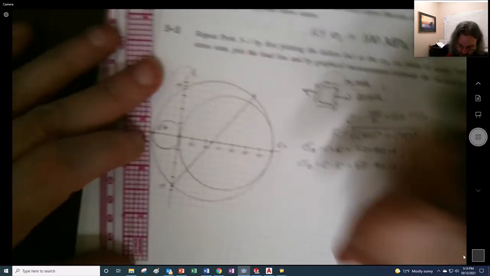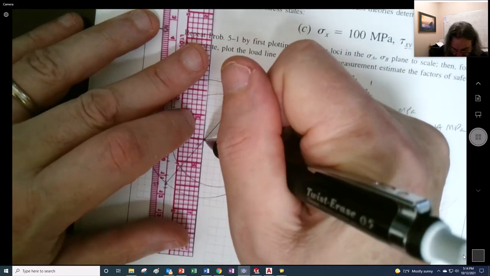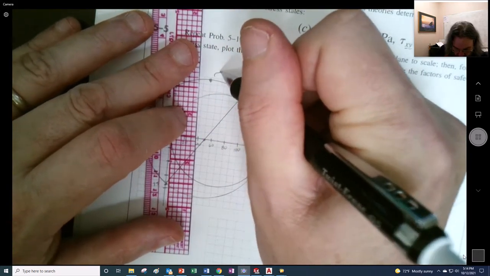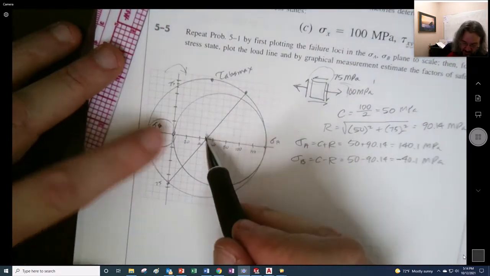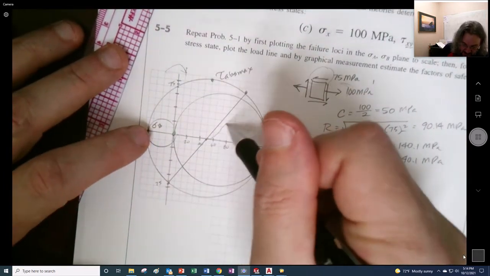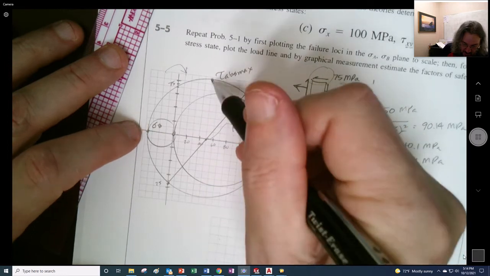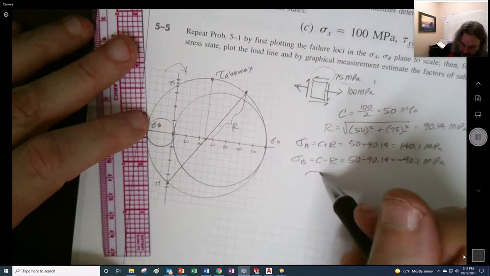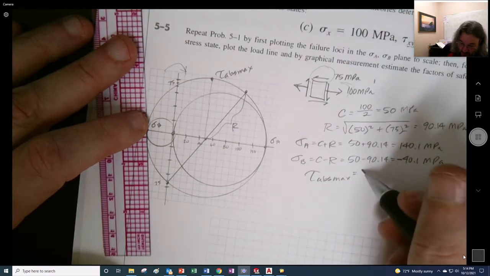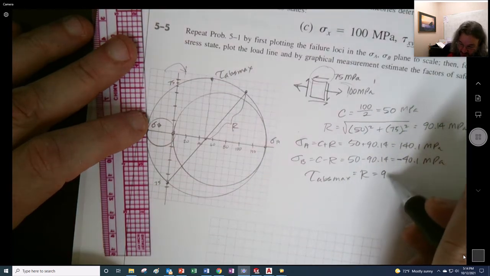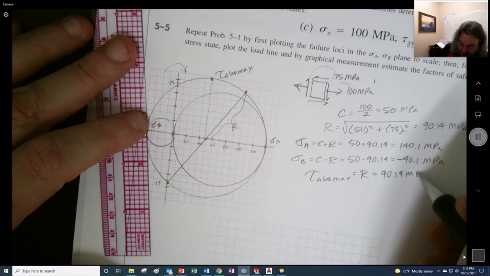But the most important one is the big one, because that's where tau abs max comes from. And we recognize that's the same as this radius right here, right? This is the R. So tau abs max is equal to R, which is equal to 90.14 megapascals.